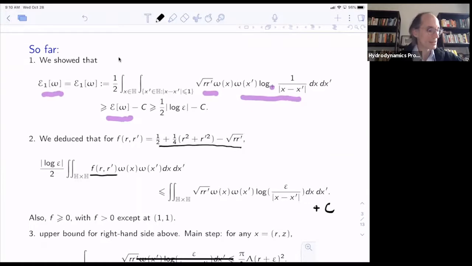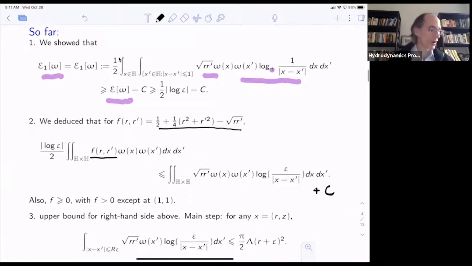This function has the property that f is greater than or equal to 0. So square root of r r prime is less than or equal to 1/2 plus 1/4 r squared plus r prime squared. And this tells us how close we are to achieving equality there. We know that equality is achieved only when r and r prime are equal to 1.